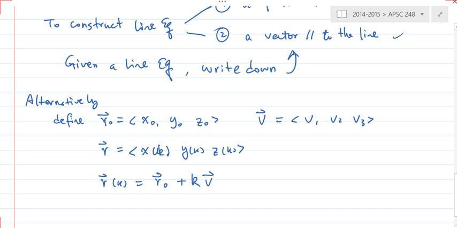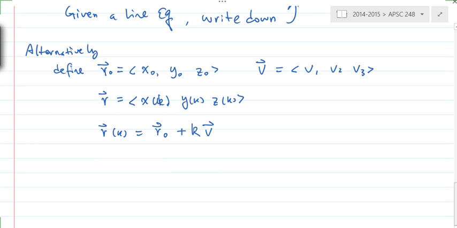I'm not sure what's a v and what's an r. V is a vector parallel to the line, so that's a known quantity. R naught is a vector. This is basically exactly the first lecture I was reviewing here.